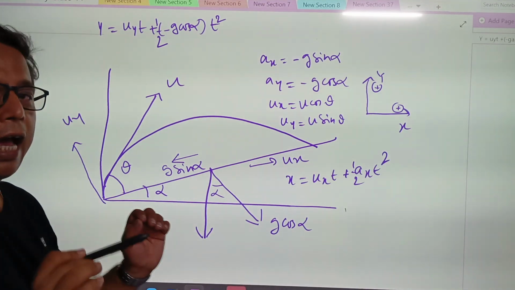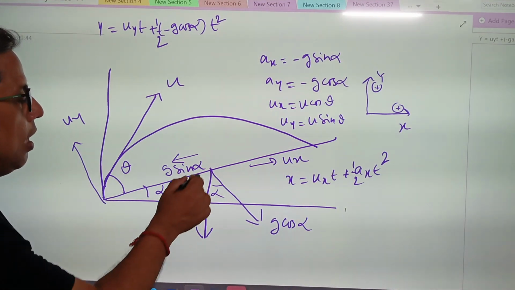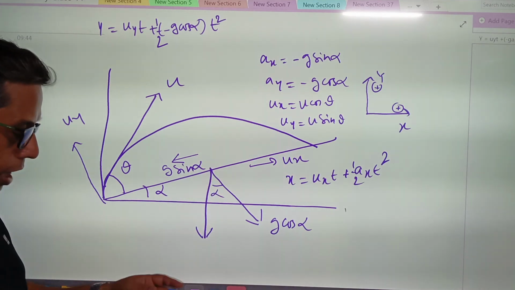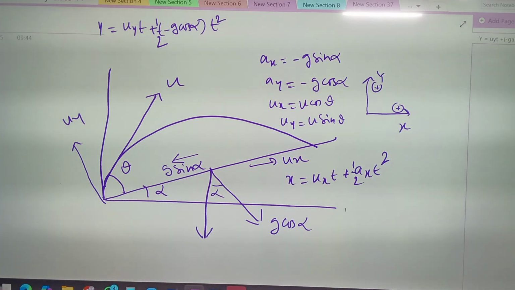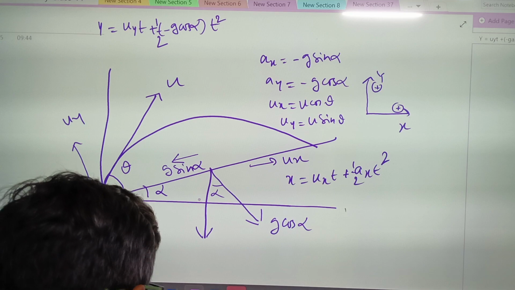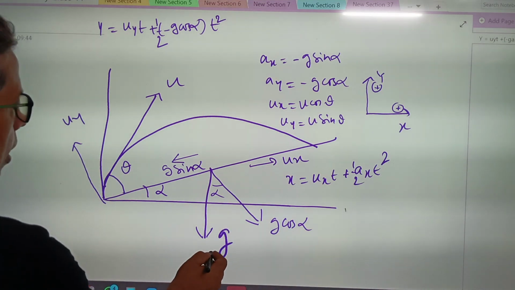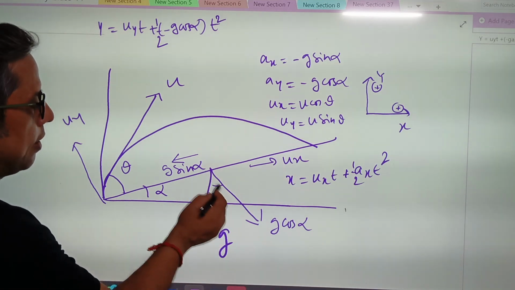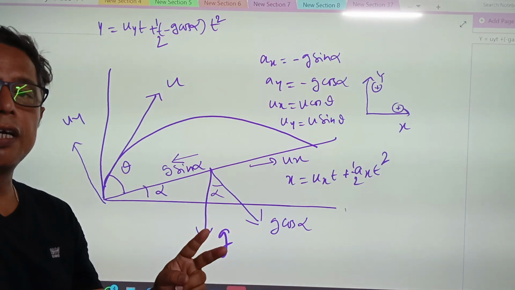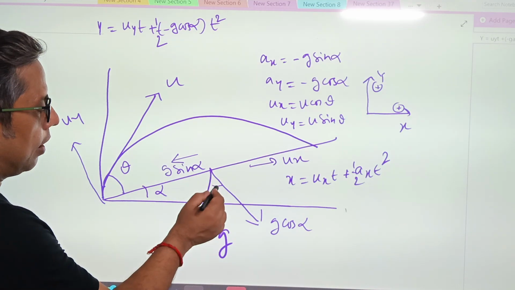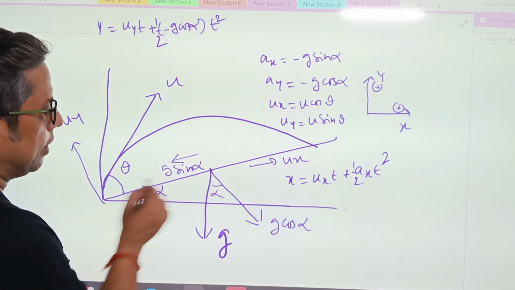Now next is the acceleration. If you see here, vertically downward is the acceleration due to gravity, right? So this vertical is actually g, and g is acting here. Now this g has two components, g cos alpha and g sin alpha.